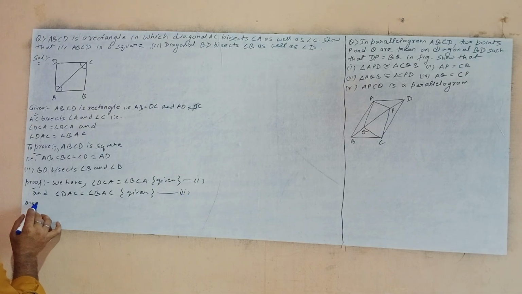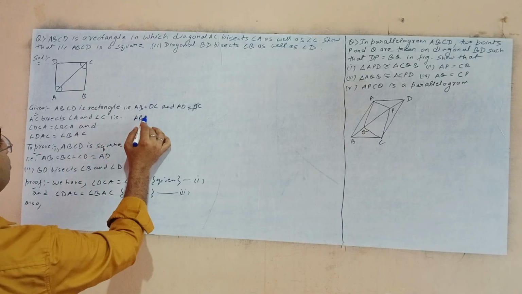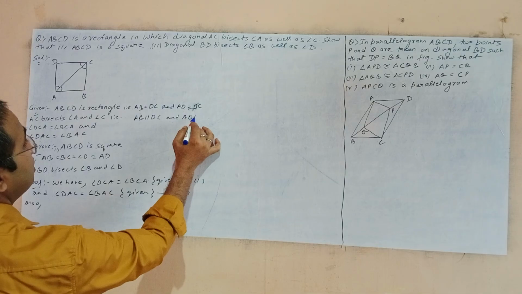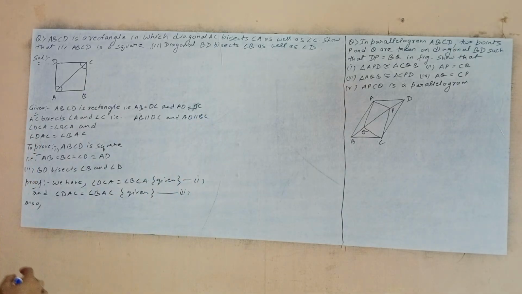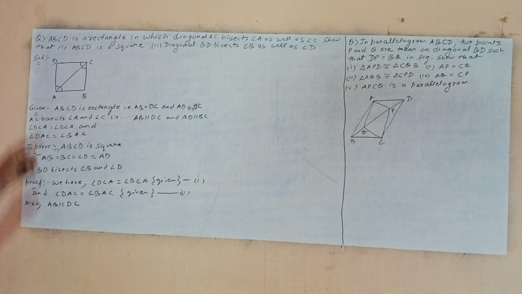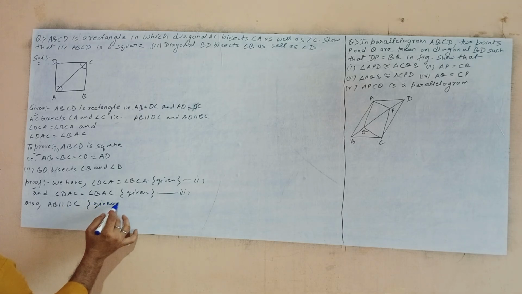Also, here write down AB parallel to DC and AD parallel to BC. You will take AB parallel to DC, given.